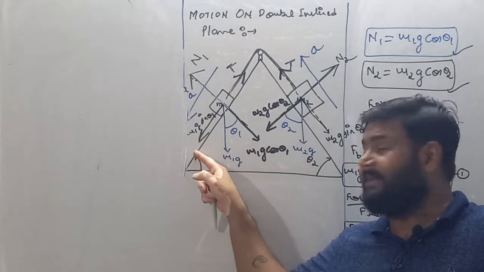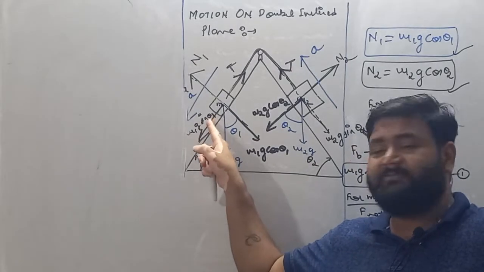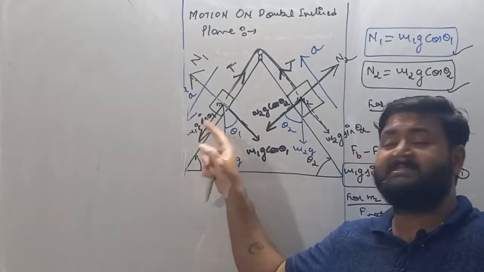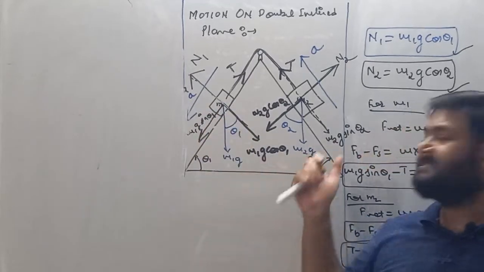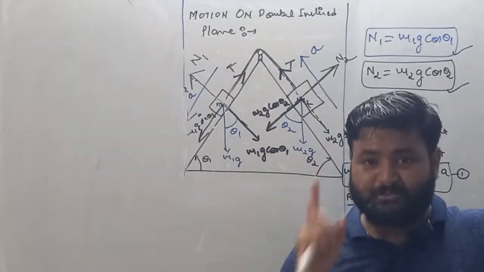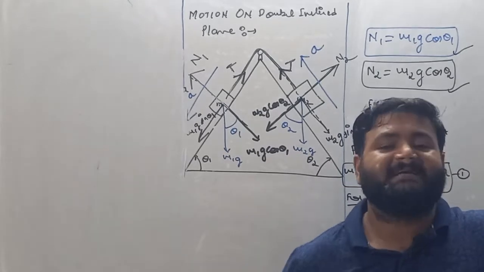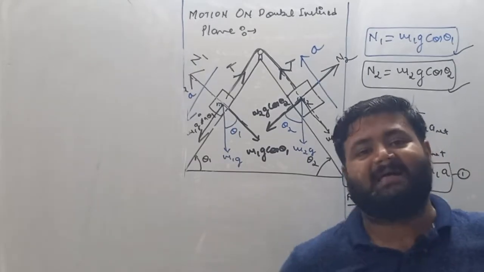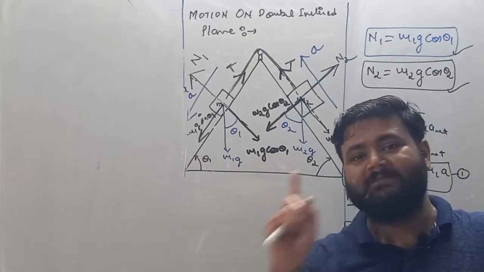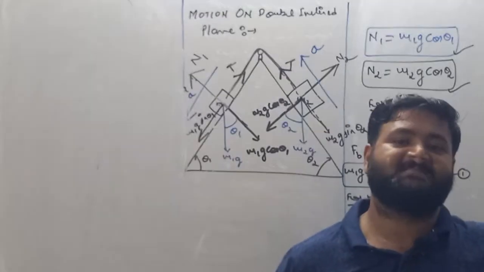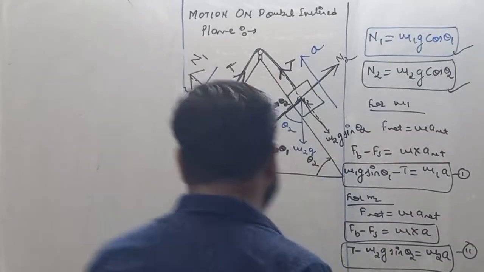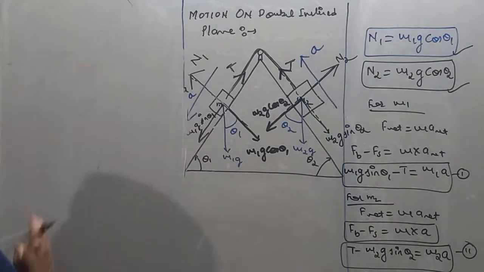This angle of inclination is theta 1, so you have to find mg sine theta 1, and this is mg sine theta 2. So check which m sine theta is greater, then decide the direction of motion, not on the basis of heavier mass. So moving forward, my dear student, let's find the value of tension.